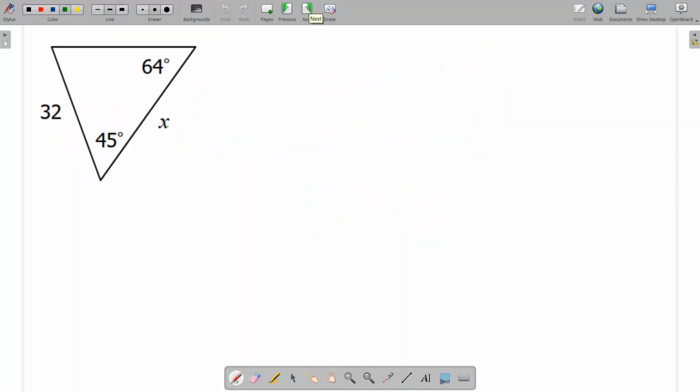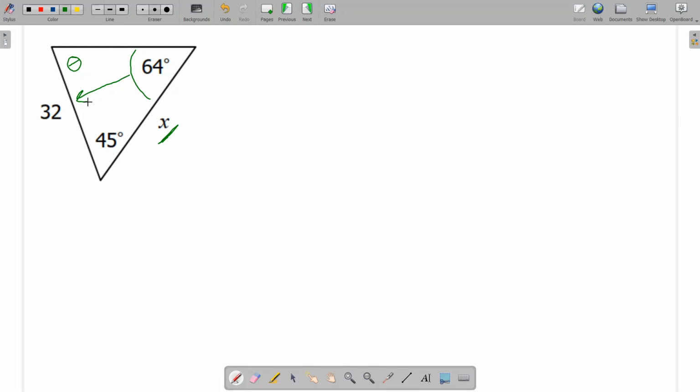Okay, this time I'm looking for x. Here's the problem though. I don't have the angle across from x. I have the angle across from this side that's given to me. And this seems like it's a big problem, but really we can figure out this missing angle pretty easily. I'm sure you all know that triangles' interior angles sum up to 180 degrees.